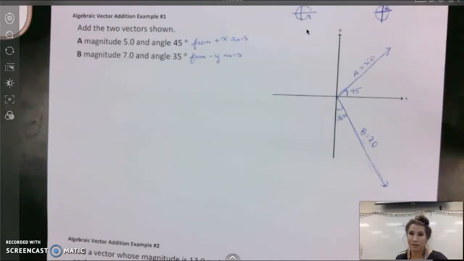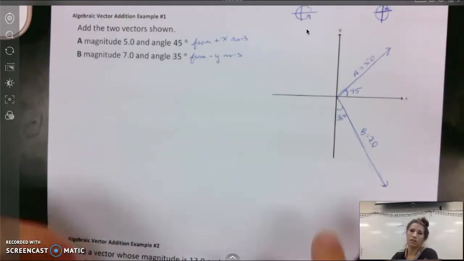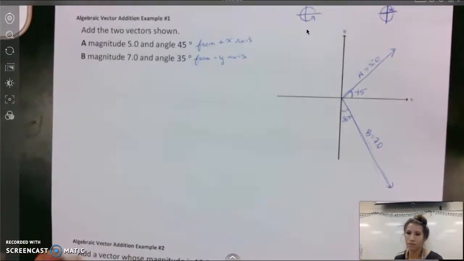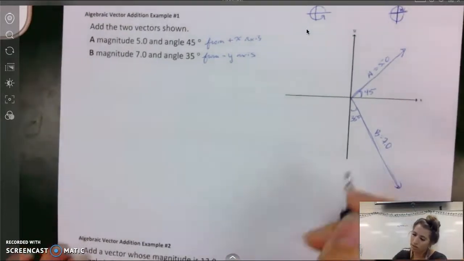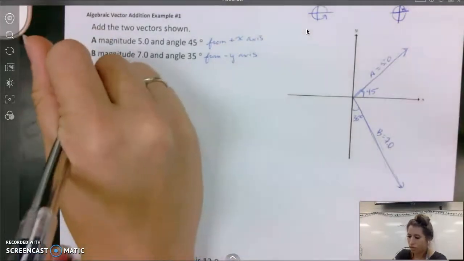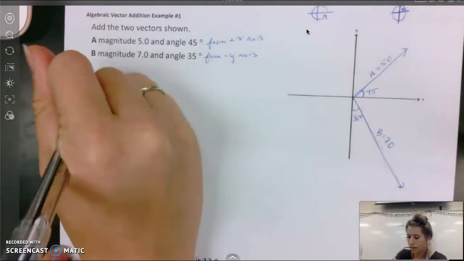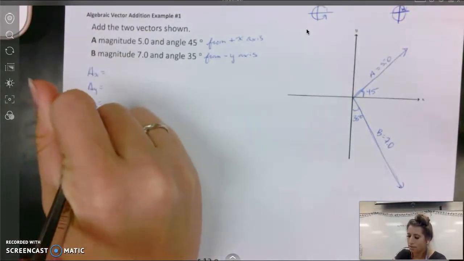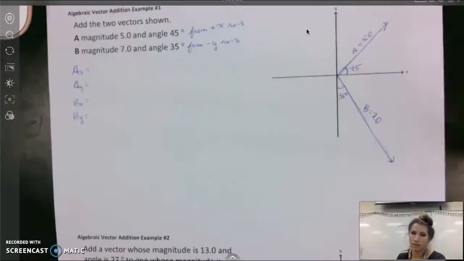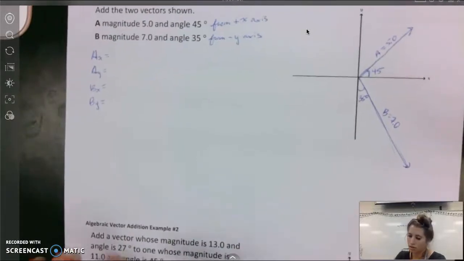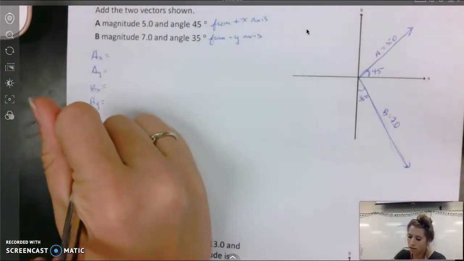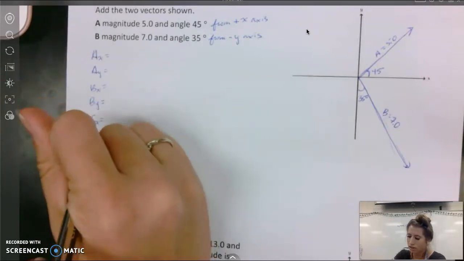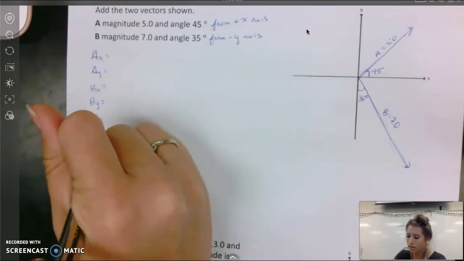All right, now we want to add these two vectors, which means that we want to find the resultant of those two vectors. When we did this before, we made a list. We said that we can take a sub x, a sub y, b sub x, and b sub y. Okay, and then we can add those together to get our resultant, or our c in the x direction and our c in the y direction.